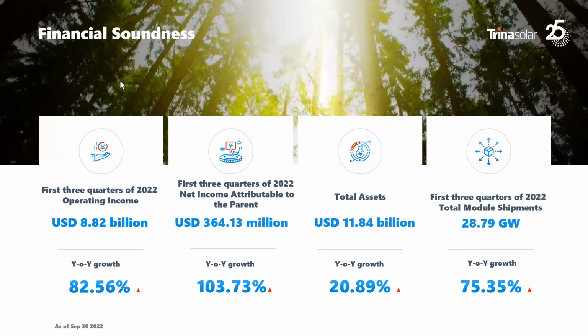And the total assets of Trina Solar is around 11.84, and we keep on growing, at 20.89% year-on-year. And for the first 3 quarters, our total module shipment is around 28.79 gigawatt globally, and that's a 75.35% year-on-year growth.